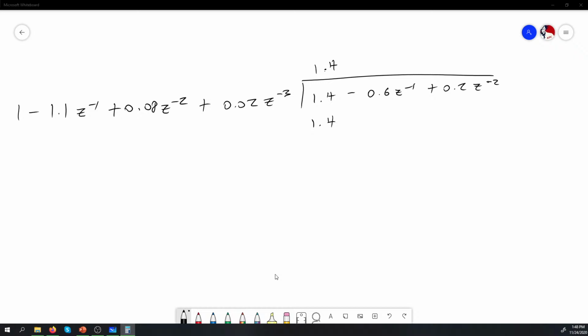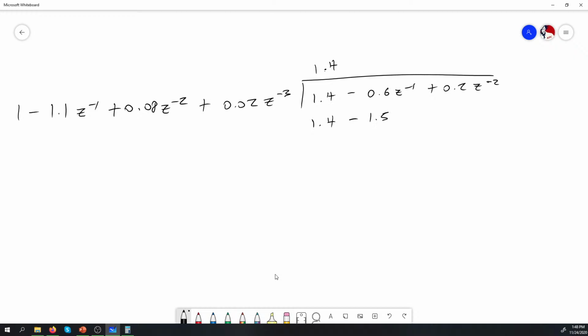So it's going to give us negative 1.54 z to the negative 1. 1.4 here is going to be multiplied by 0.08 here, and this being z to the negative 2. So let's calculate that out.